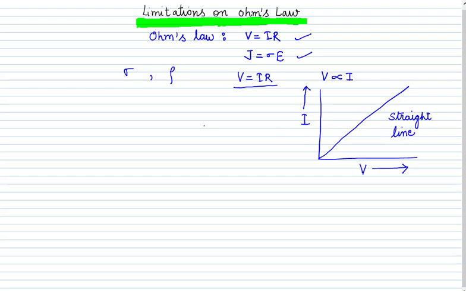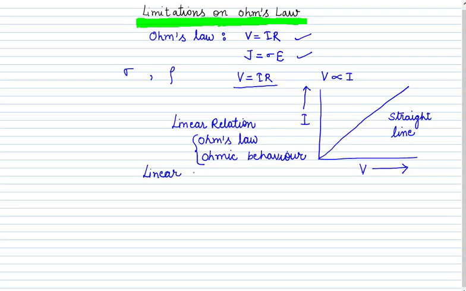So for all metals, there is this linear relation between V and I. So what do we say? That all metallic conductors follow Ohm's law, or they have ohmic behavior. This is what we call a linear current-voltage relationship.